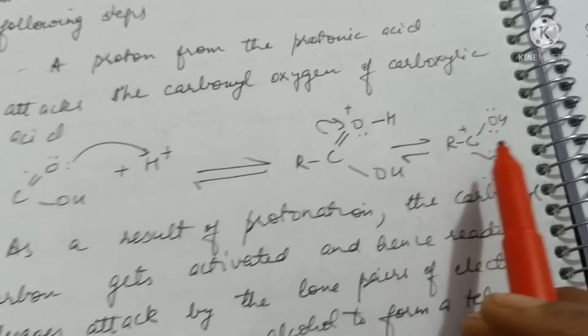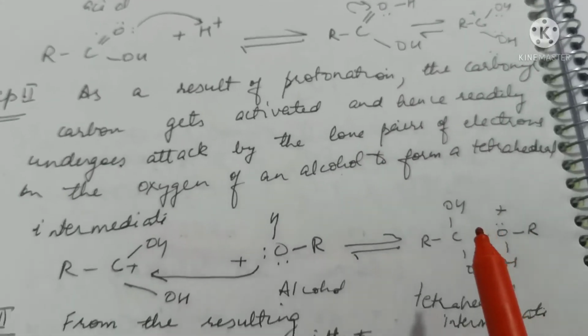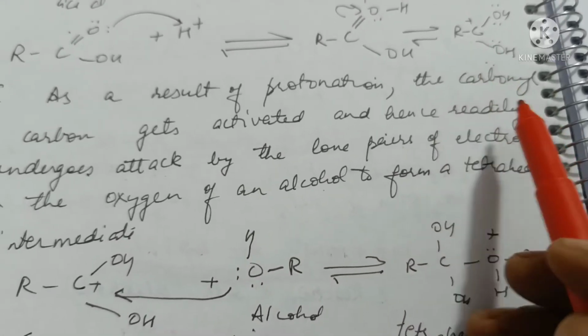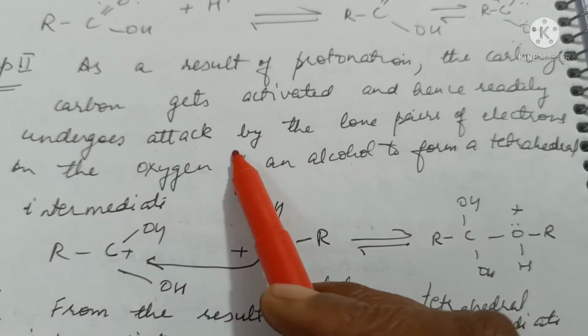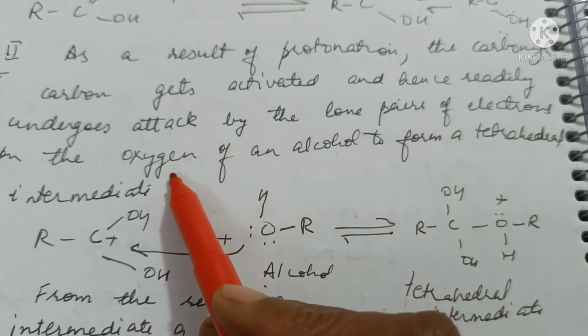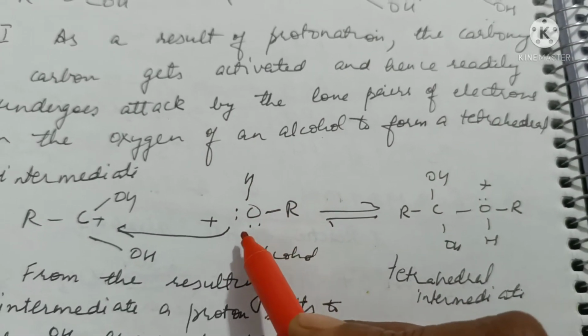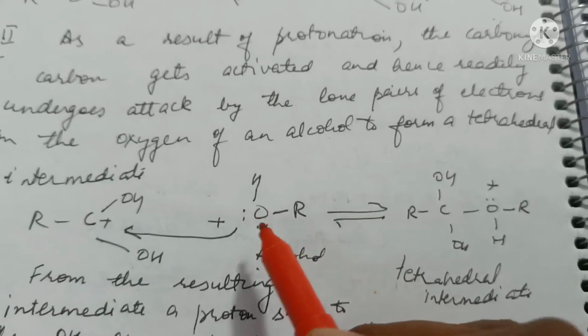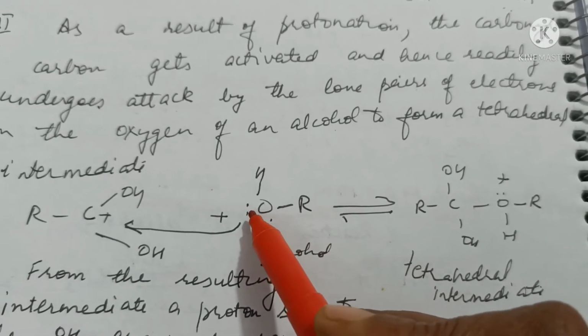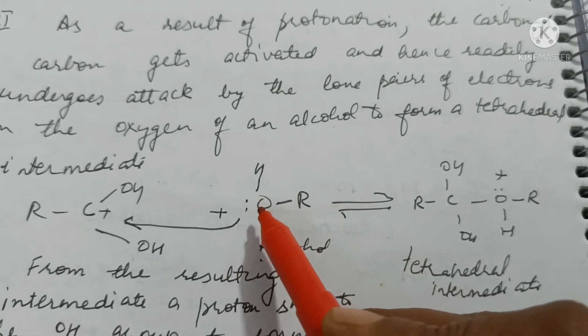So as a result of protonation, this carbonyl carbon gets activated and undergoes attack by the lone pair of electrons on the oxygen atom of the alcohol. It has a lone pair of electrons and acts as a nucleophile.